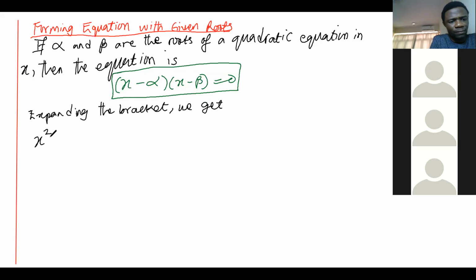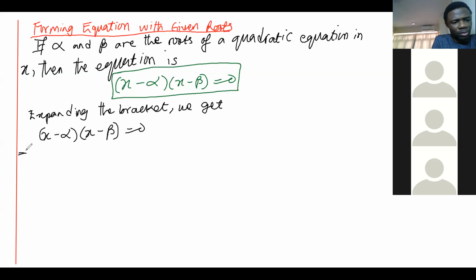Minus alpha x or minus beta x? Minus beta x first, because x goes here first. So maybe I do that step by step. Hold on, let's do that step by step. So expanding the bracket, initially we had x minus alpha, x minus beta equals 0.